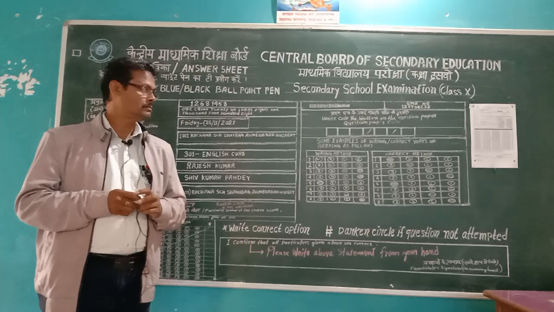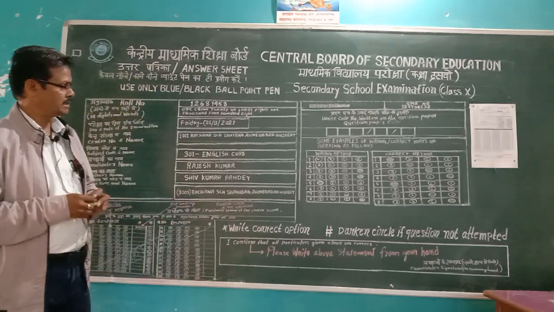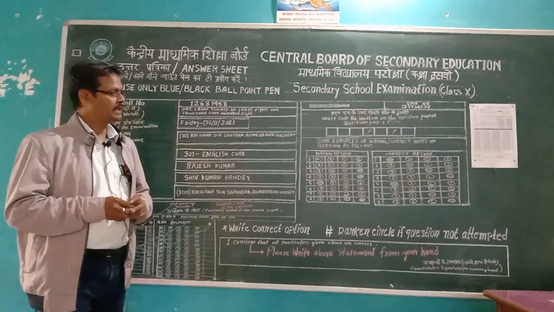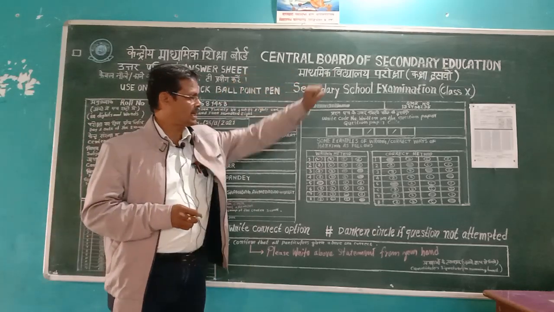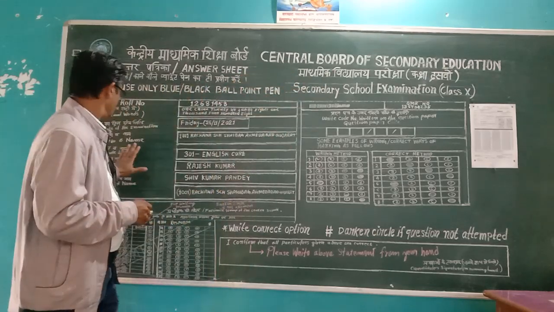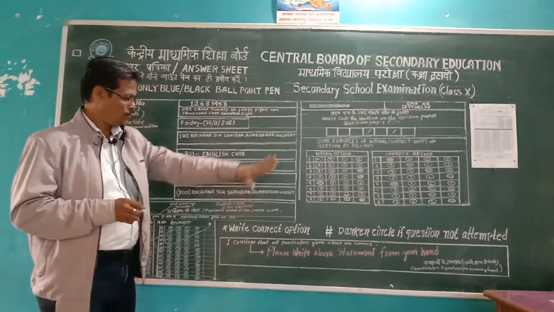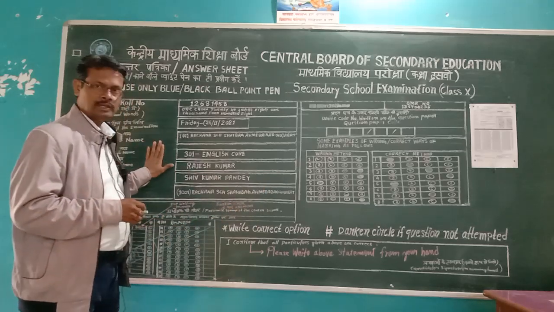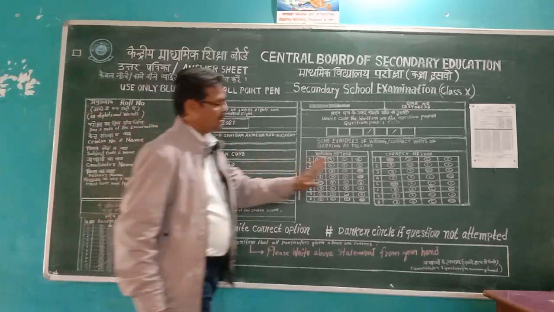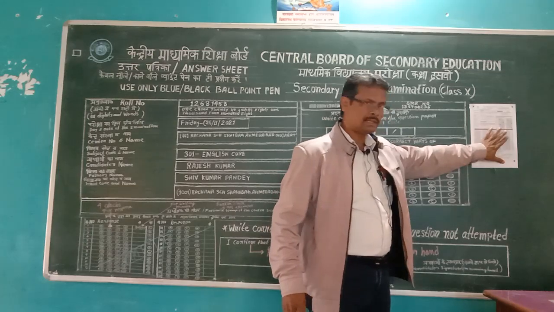Let us come to discuss the OMR answer sheet, which is designed by the Central Board of Secondary Education. A very beautiful OMR answer sheet is drawn on the blackboard. The same is also pasted on this blackboard.